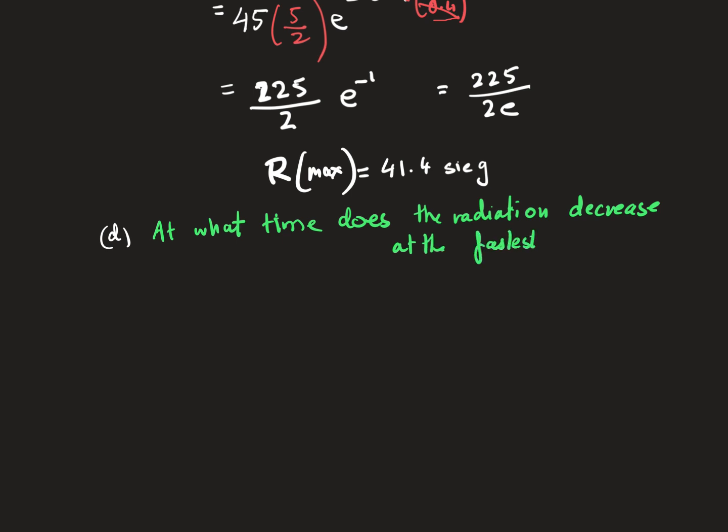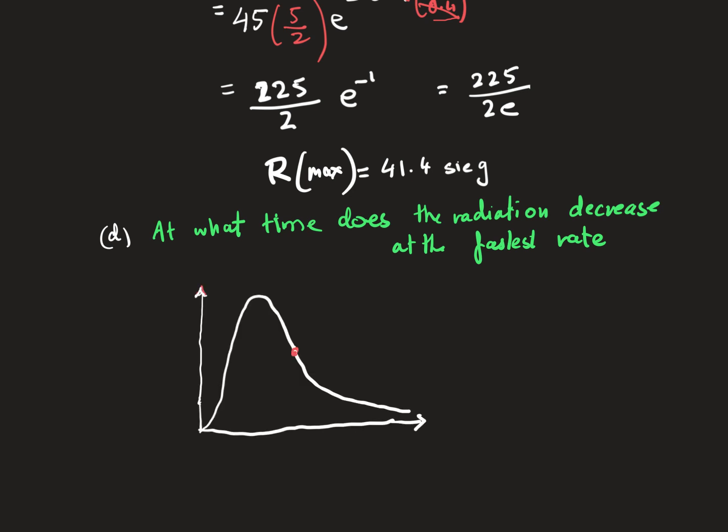All right, so you know that this is a search function, fastest rate at the point of inflection. Really note that over here, how would you describe that? This is the fastest rate of decrease, okay?